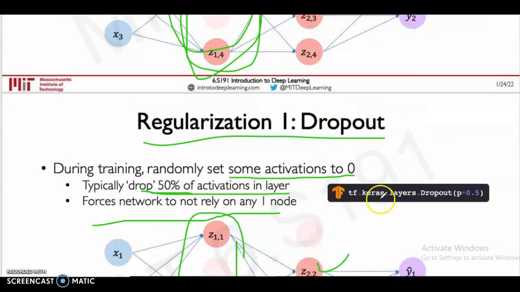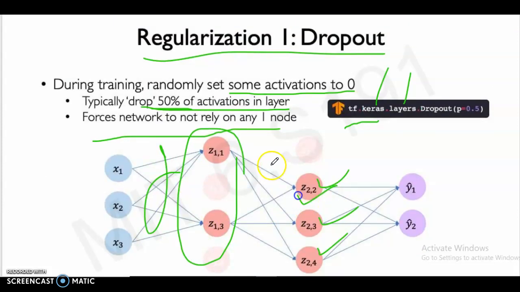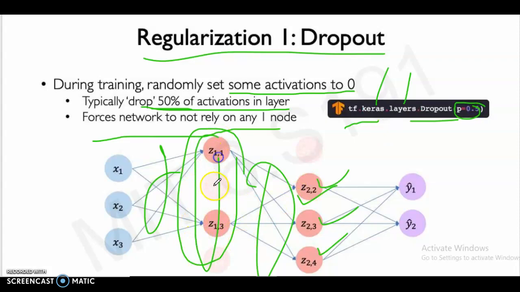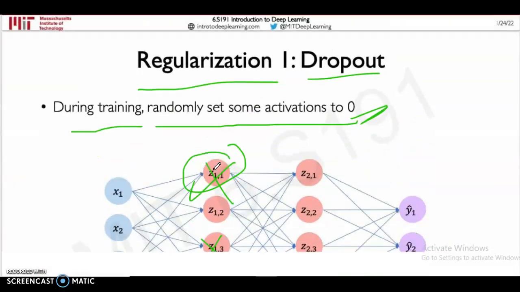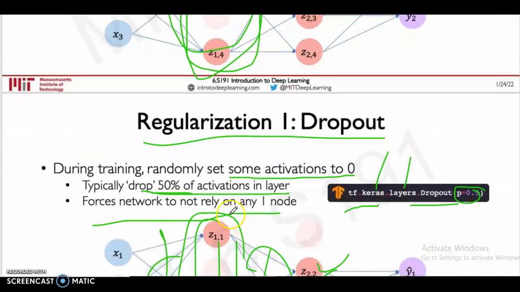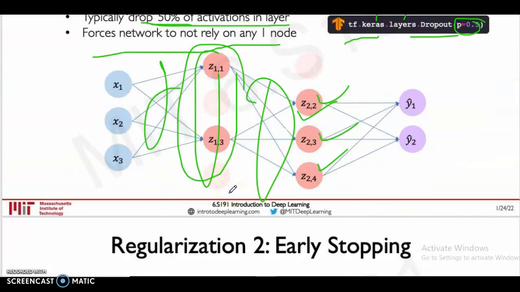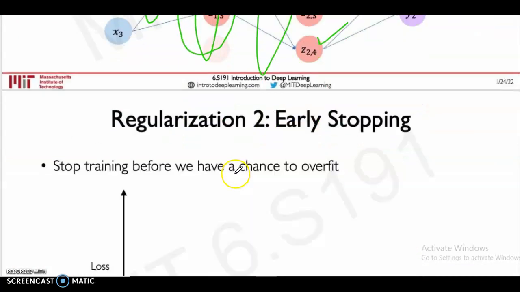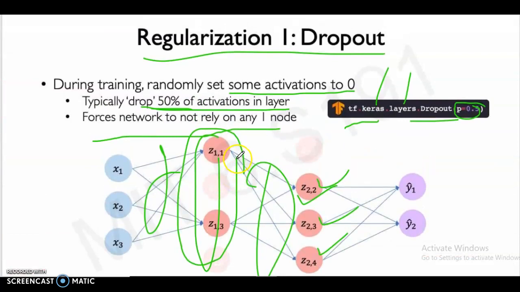Here also the same TF code: the tf.keras library, the layers module, Dropout with p equal to 0.5. Of the 4 nodes here, only 2 are available.